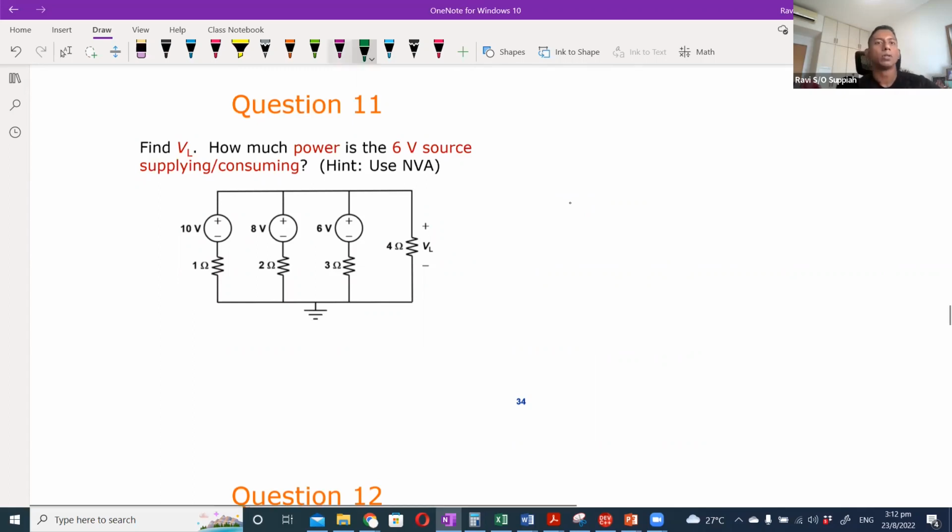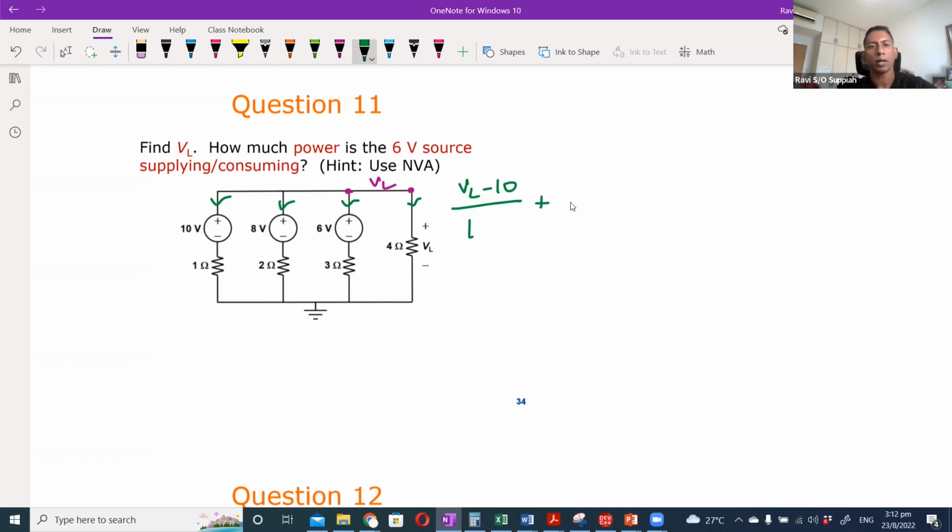Again, we have given you the hint, which is use node voltage analysis. The same technique, correct? If I define this branch, or anywhere on this, as VL, whichever point doesn't matter, then I can write an expression that all the current flowing out will be equal to 0. So the equation will pretty much look the same.